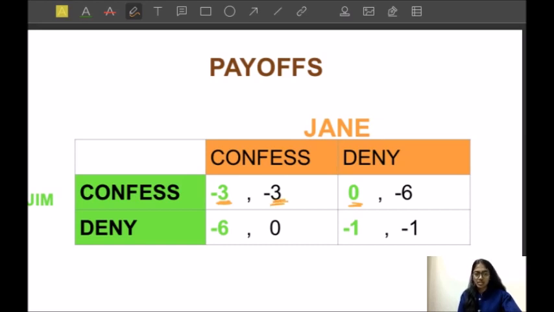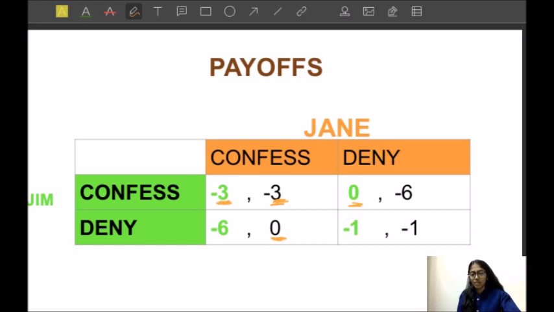If she now thinks that Jim will deny, then what will Jane do? If she confesses, she gets 0 years in jail, and if she denies, she gets 1 year in jail. So she will again choose to confess. So Jane will also decide to confess no matter what Jim does.